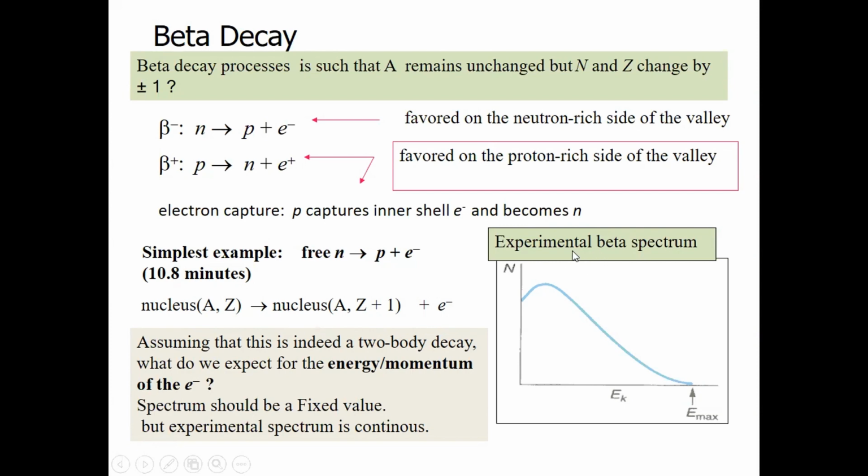If we observe the experimental beta spectrum, by spectrum I mean that on y-axis we have the number in the form of intensity, in the form of flux, in the form of numbers of particles being emitted or observed in certain energy group, or in certain time period for particular energy, and then you plot them on x-axis the energy of the particle or the wavelength of the particle or the frequency of the particle, then whatever curve you get is called a spectrum.